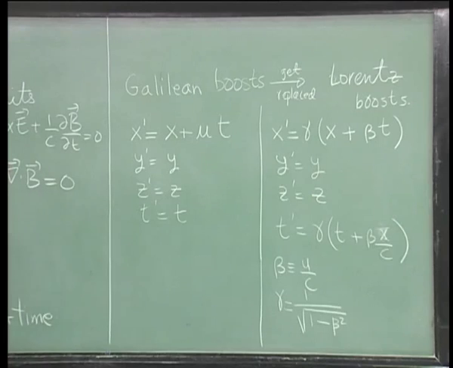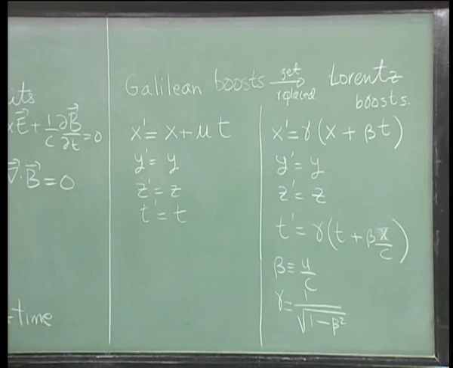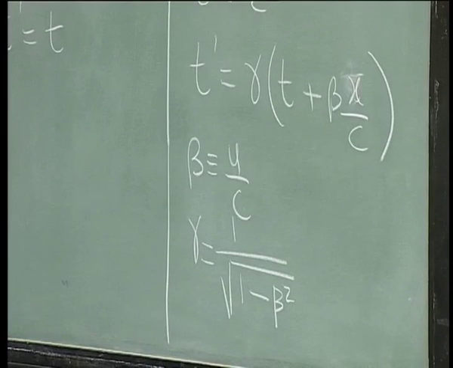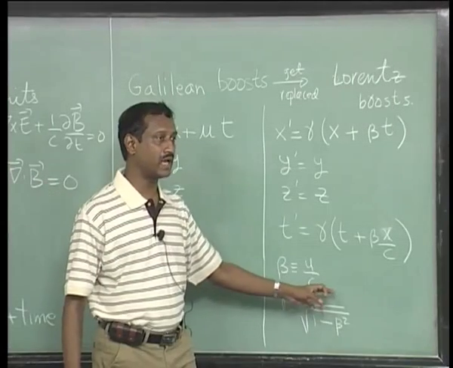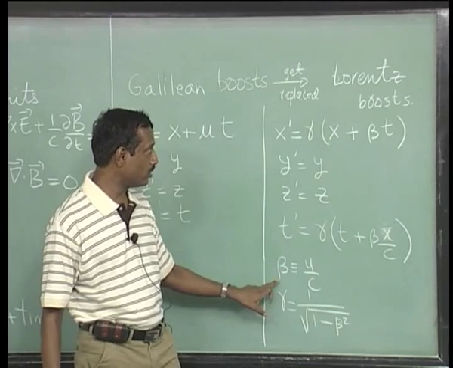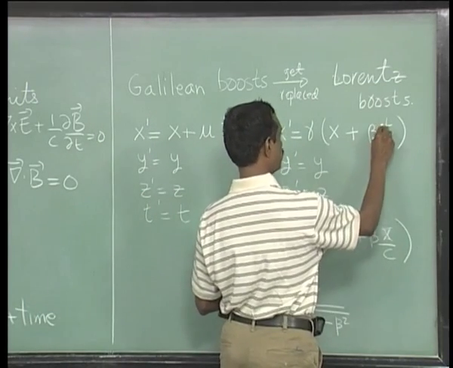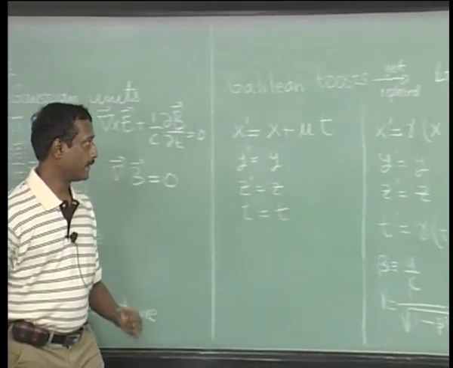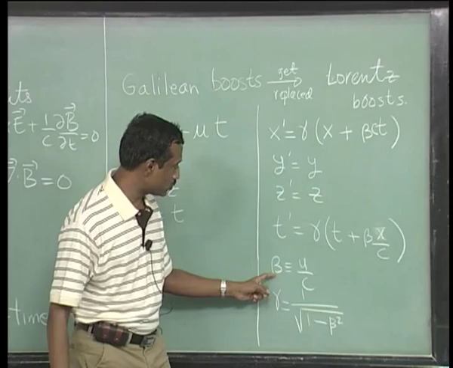Now we can do something. If you think of c as a parameter, of course in the world we live in c is just a fixed number, but for this purpose we could think of c being formally very very large, or u being very very small. So in other words, beta is very small. Dimensionally there is a problem here. This should be ct. Okay, so beta is taken to be very small.